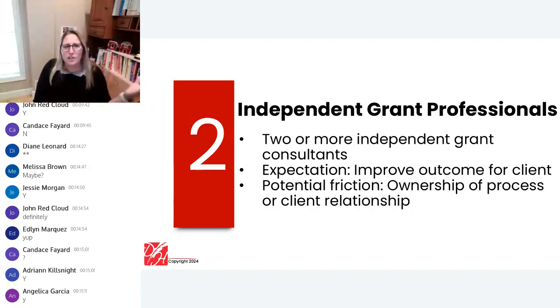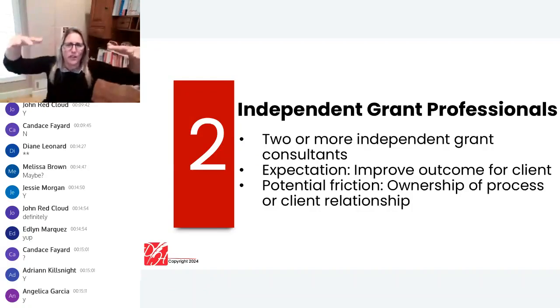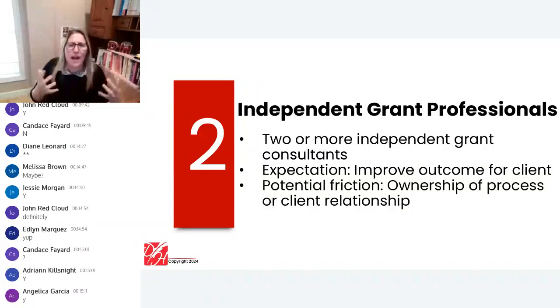So where is interagency collaboration? The first example is based on usually organizational leadership, program leadership, thinking about how can we best work together. Sometimes it's us, the writers, the facilitators of the applications that might say, you know, it would actually be best if we came together. We think that it would make it more competitive in this application process.